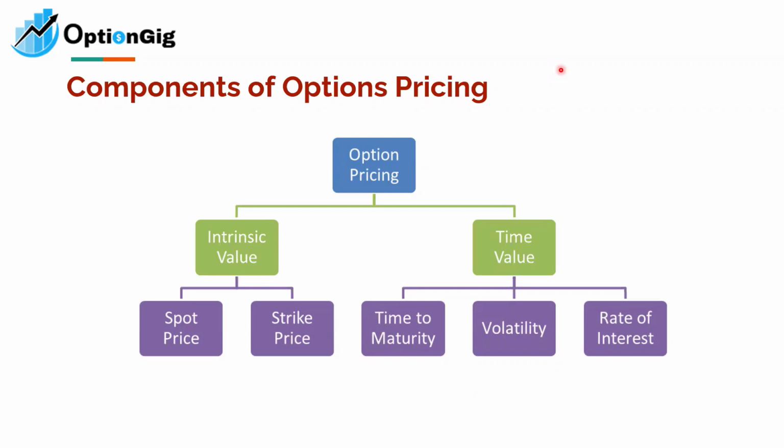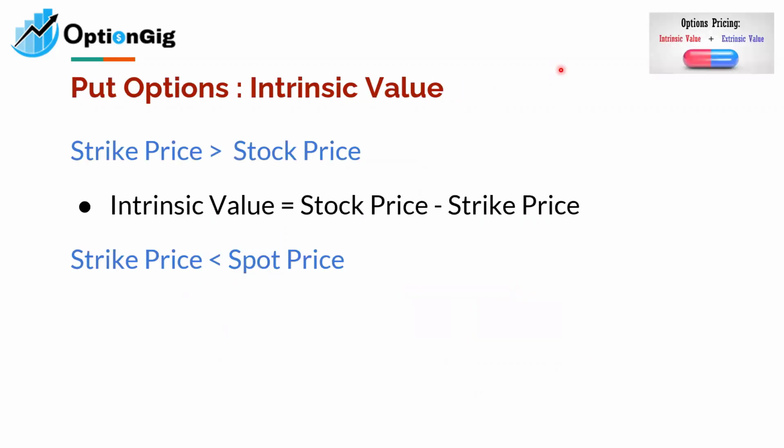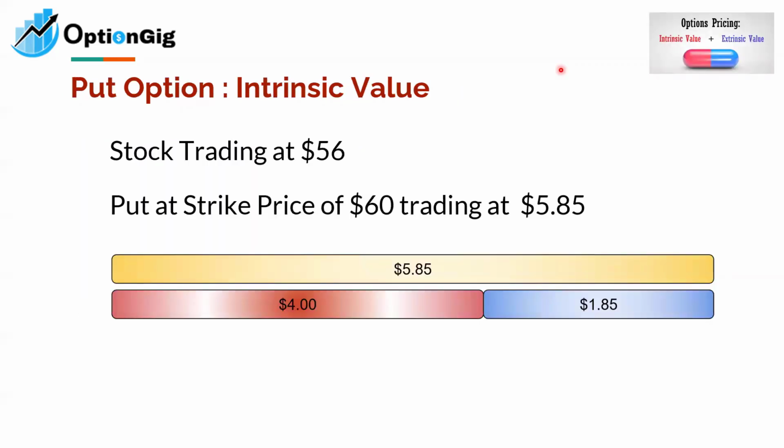So that time value is dependent on how much time is left to maturity. If we go back to an example, today, if this is the condition, the stock is 56, I am holding this put option, it is trading at 585. So tomorrow, at the same time, we are looking at this option, and thankfully, the stock is still at 56.